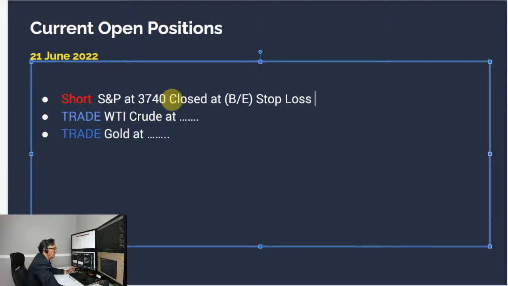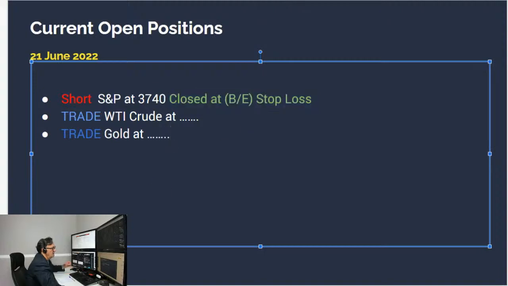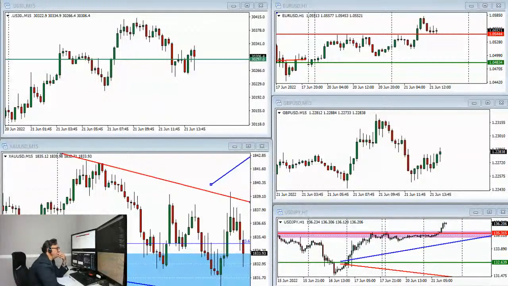But because I didn't make anything, I didn't lose anything, I'm going to shade it a kind of neutral green. So that's where I am with my trade. I want to see if there's anything else possibly ticking along.